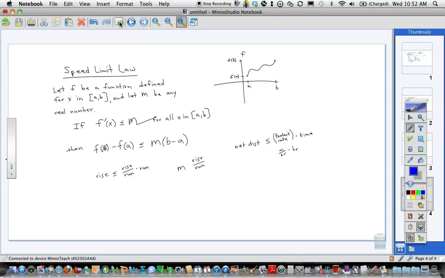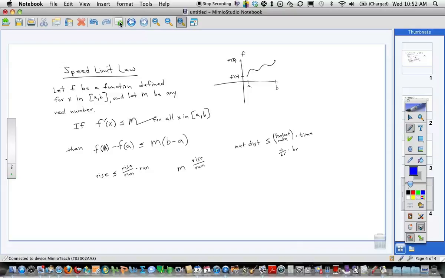So every time I go over 1, the most I can go up is 2. Okay? So the run times the slope gives you the rise, right? So if this side is the max slope, then this should give you the max rise. Just like if this is the max speed, then rate times time should give you the max distance.